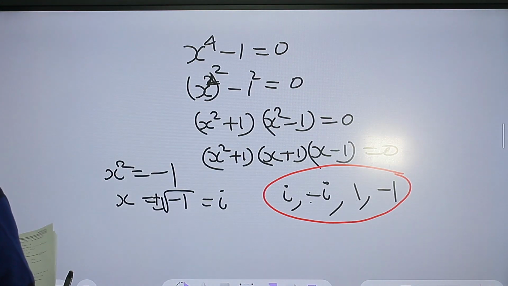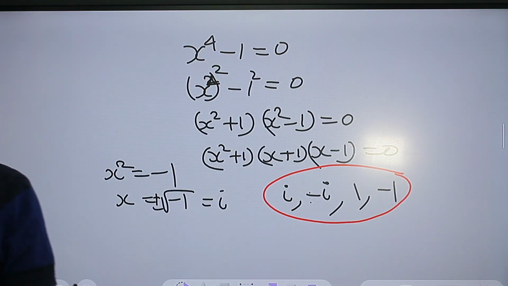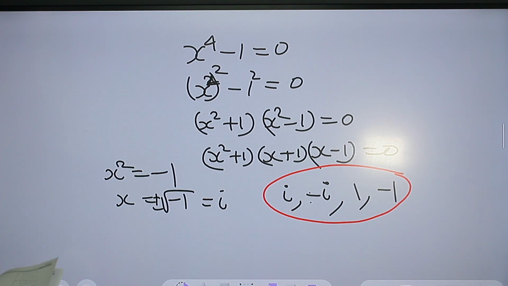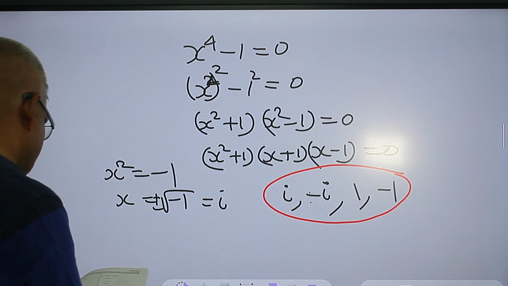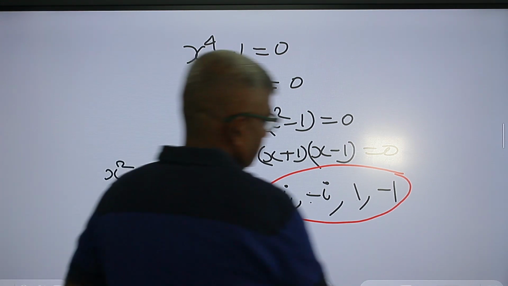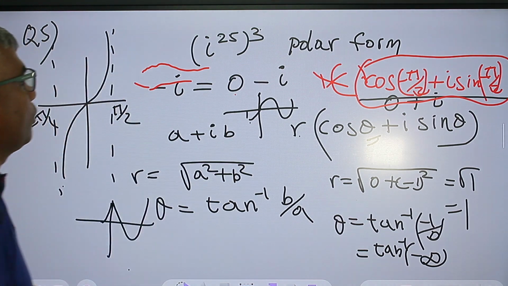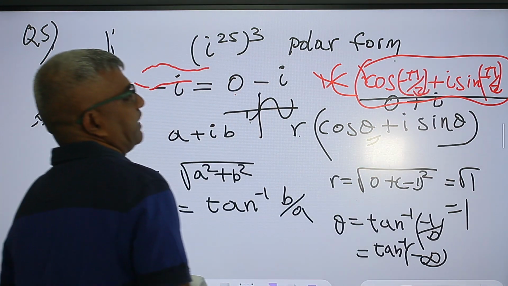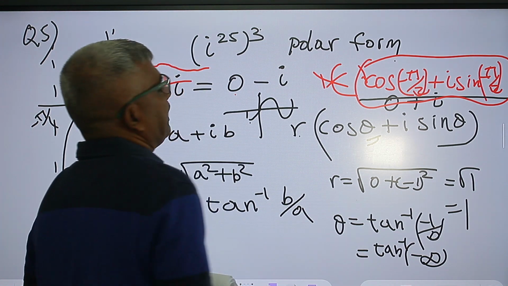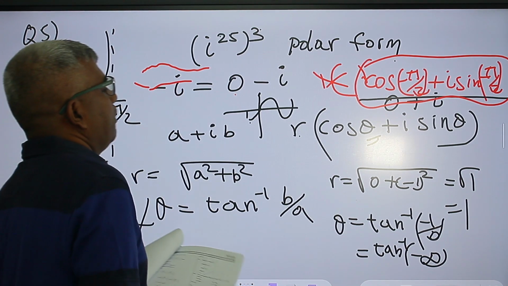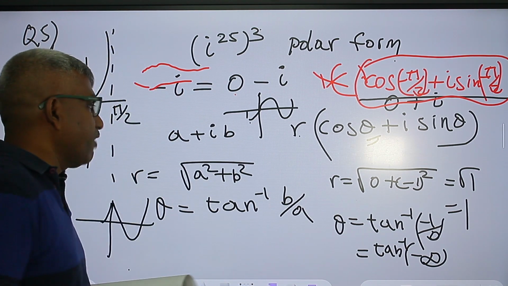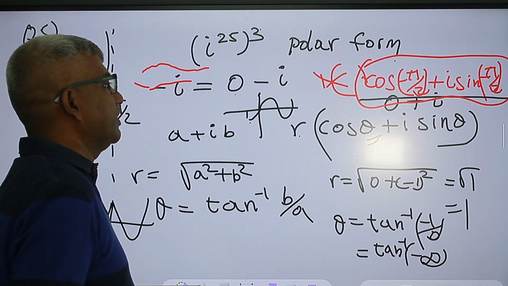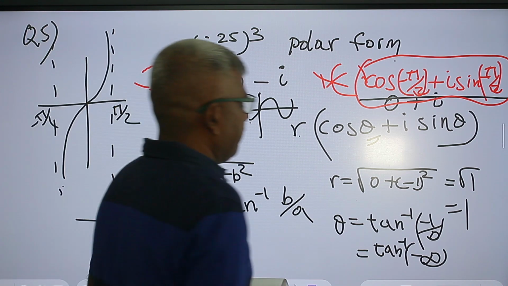X power 4 minus 1, we did it. Then I power 25. The polar form is cos theta plus I sin theta. So minus I means 0 minus I. Our modulus is equal to square root of a squared plus b squared. Theta is equal to tan inverse b by a.